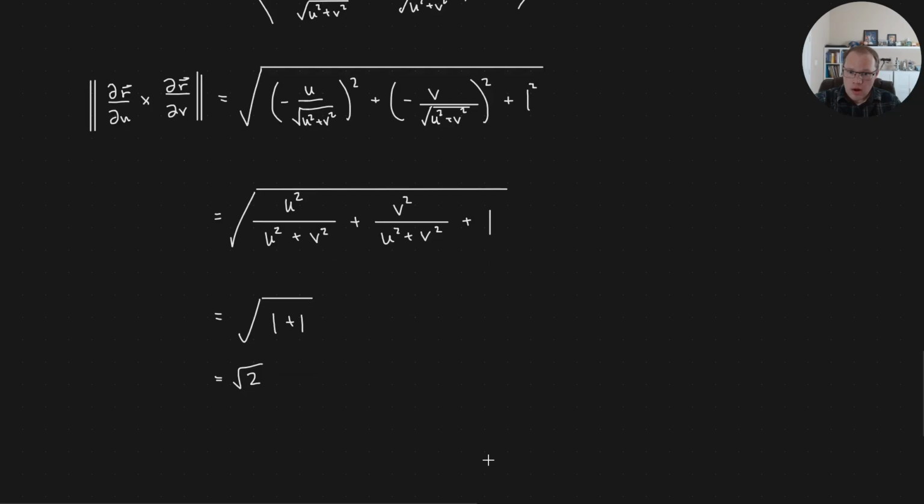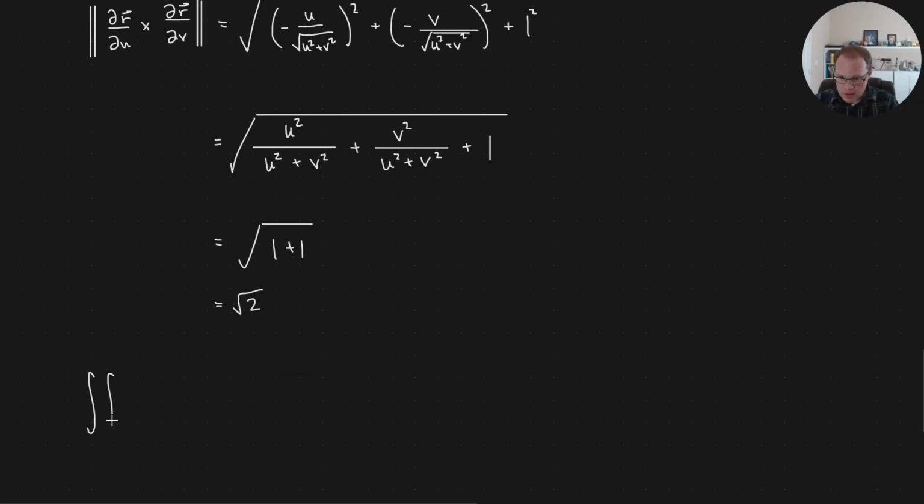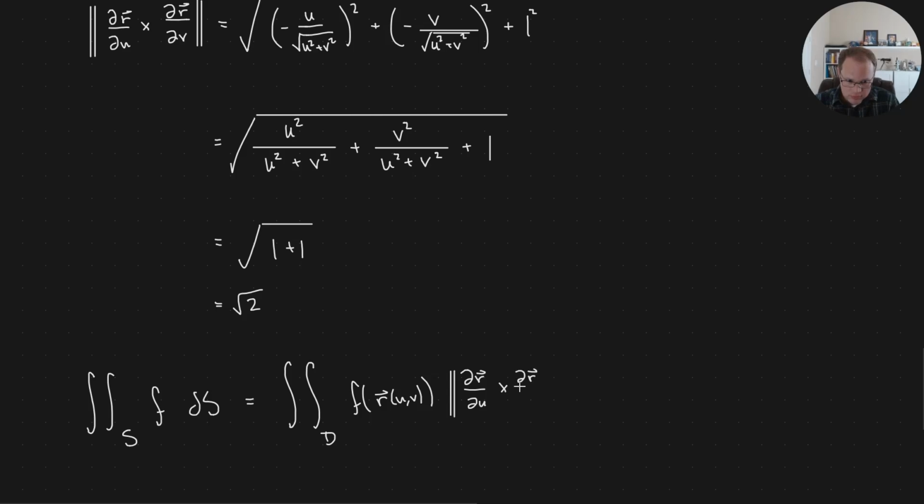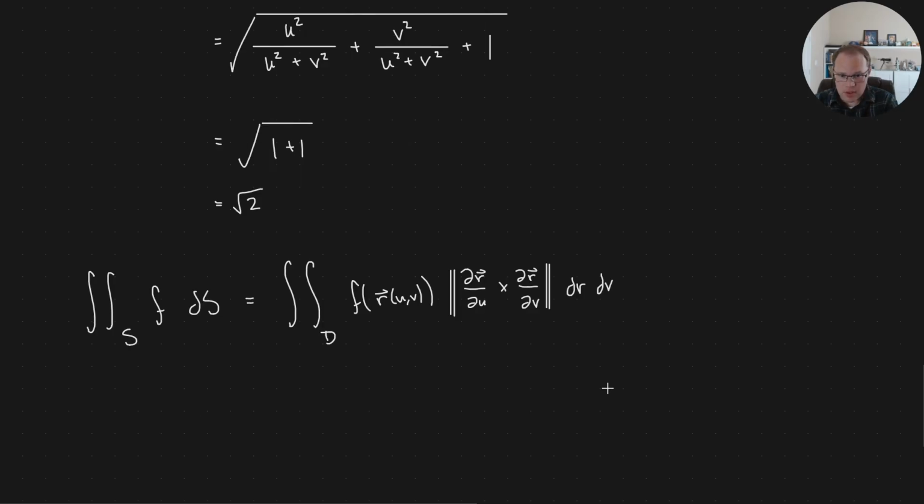Okay? All right. So my surface integral becomes the double integral over D of f of r(u,v) times the norm of the cross product of partial derivatives. Okay, so let's plug in what we know. My function here is z squared.